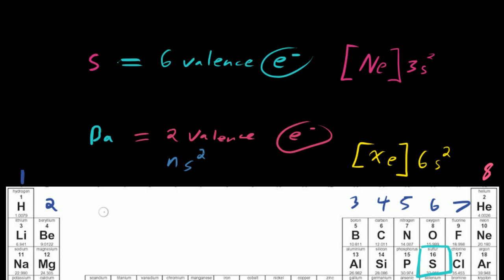3s2, so 2 electrons in the 3s orbital. And then we're going to add on 1, 2, 3, 4 electrons in the 3p orbital. So 3s2, 3p4.